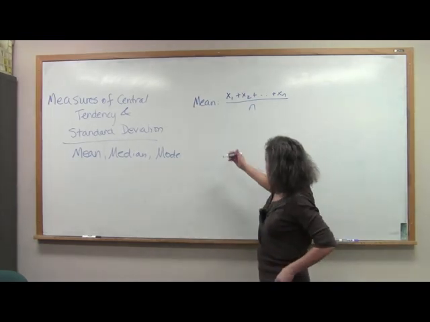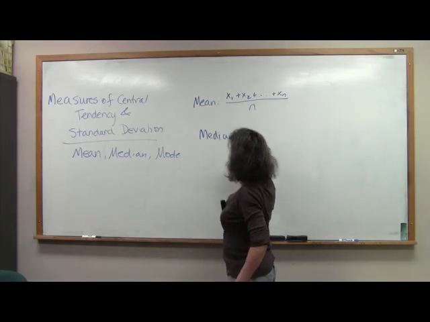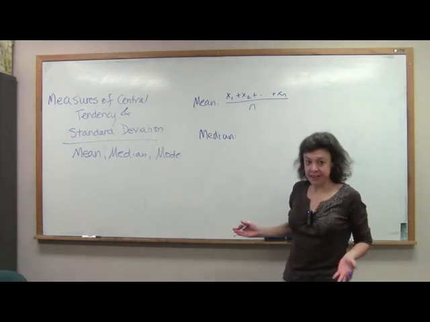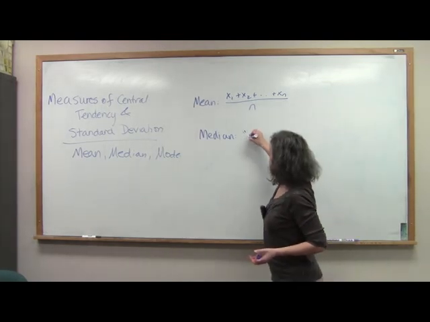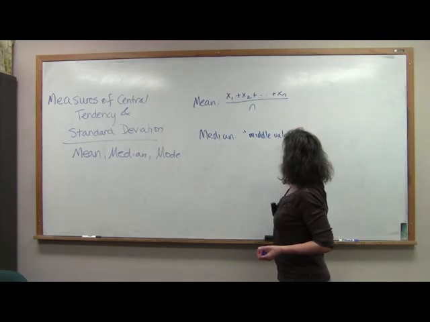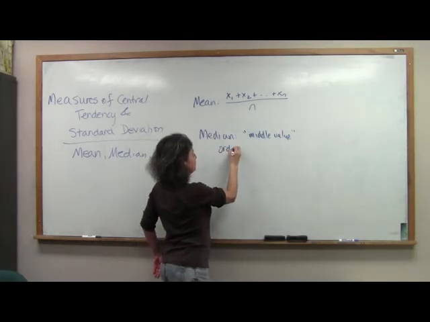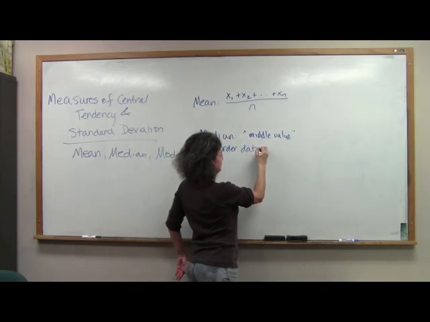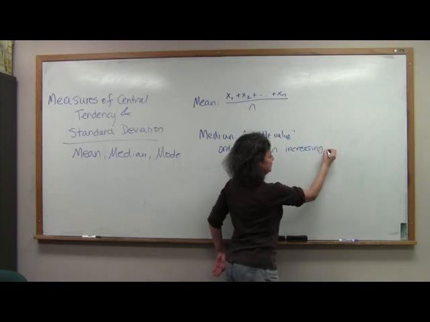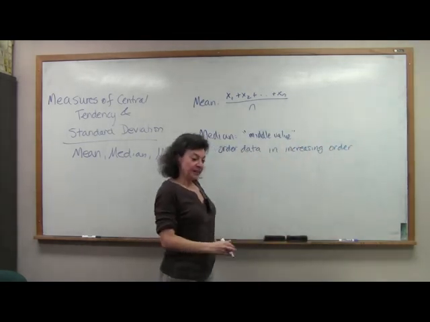Okay? Now, another measure of central tendency is your median, and your median is literally your middle value. So, how do you find your median? What you do is you order your data in increasing order, and then you literally take the middle value.